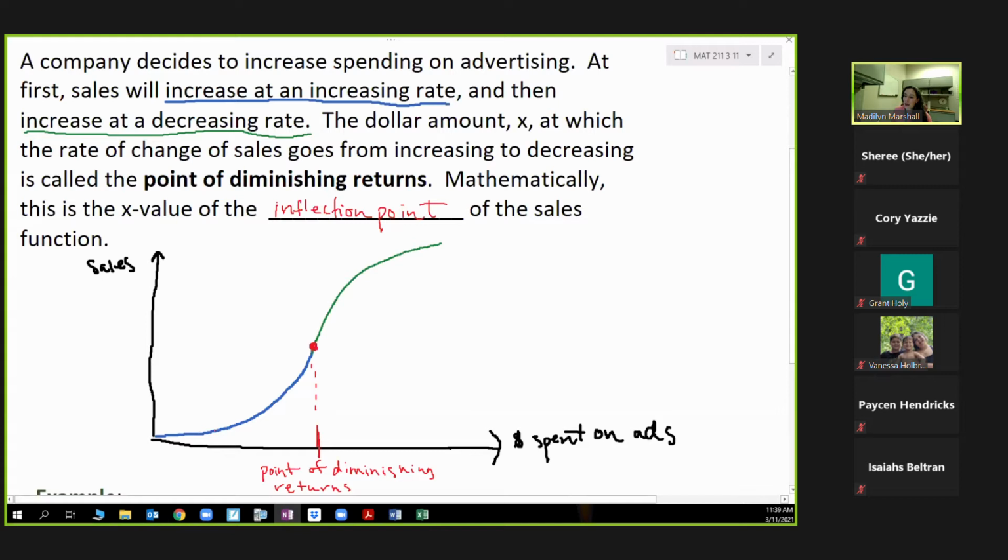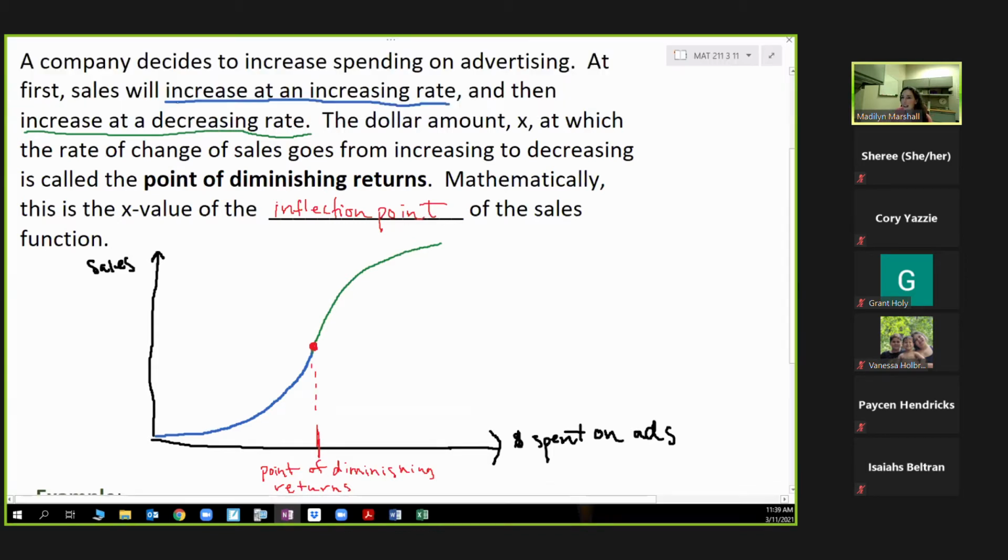So before the point of diminishing returns, the more money we spend on ads, the more each dollar is doing. Sales are going up more and more the more money we put in. But then after that point of diminishing returns, sales are still increasing, but each dollar is doing a little bit less because it's starting to slow down.